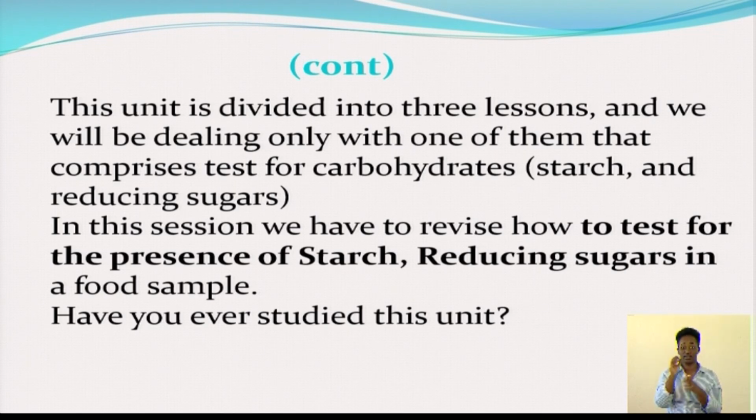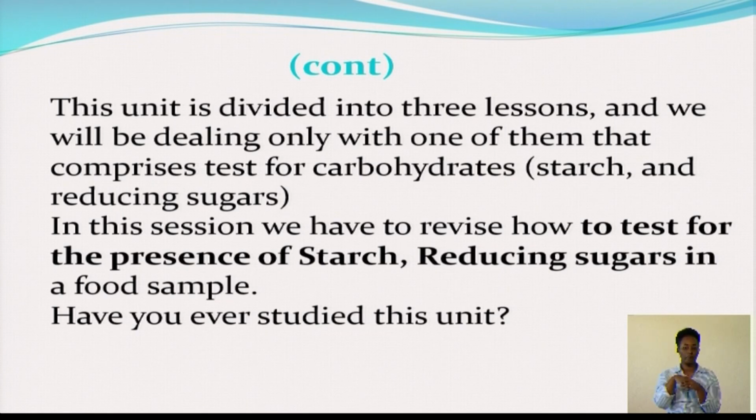In this lesson, we have to revise how to test for the presence of starch in food. How can we know that the food contains starch? We normally eat very different kinds of food that contain starch. That's why we have RSB, Rwanda Standard Bureau, that is able to measure and say this food contains starch, this food contains proteins, this food contains mineral salts.